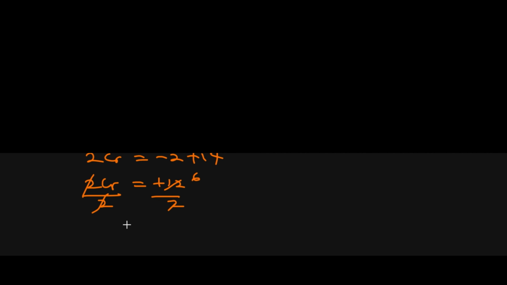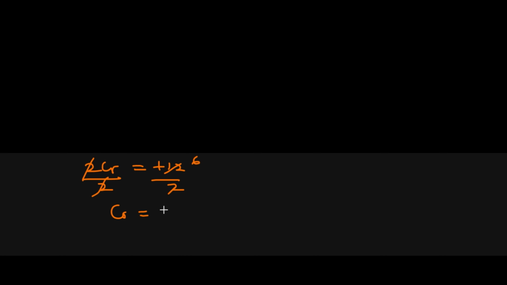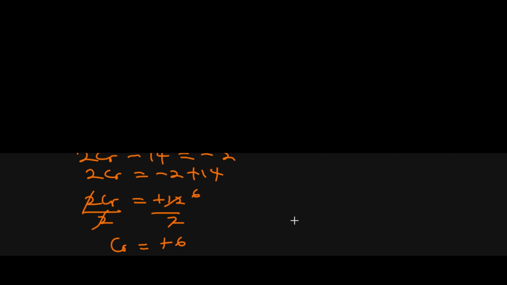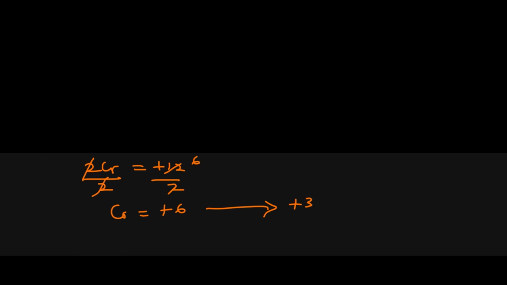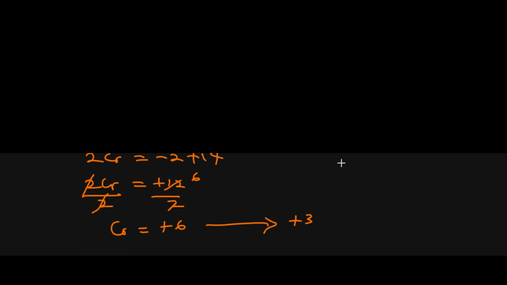The oxidation number of chromium here then becomes plus 6. So it's moved from plus 6 to plus 3 here. So that means there is reduction in oxidation number. In terms of oxidation number, we see reduction is the decrease in oxidation number.